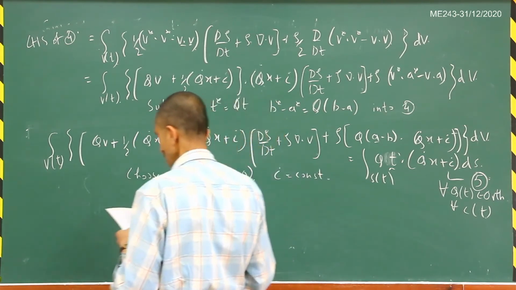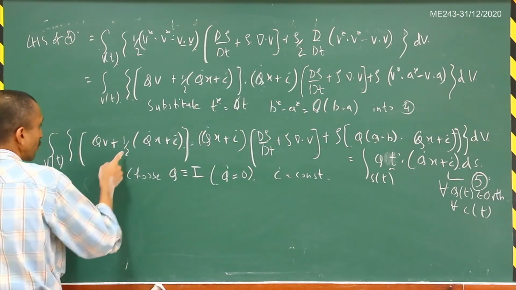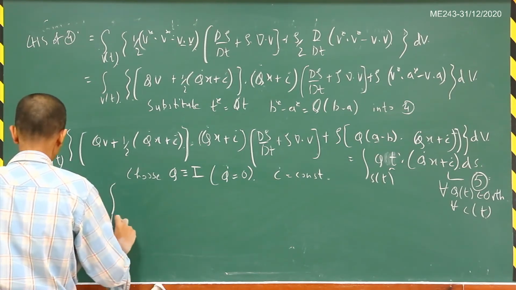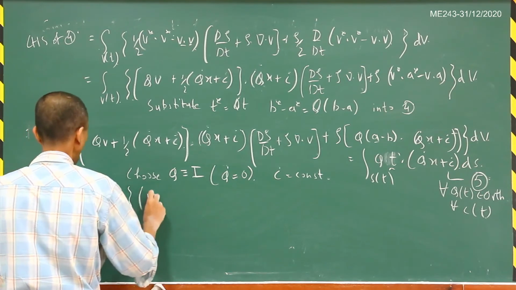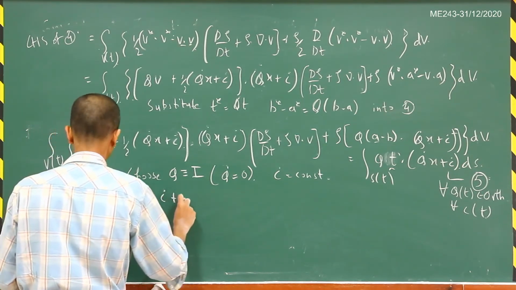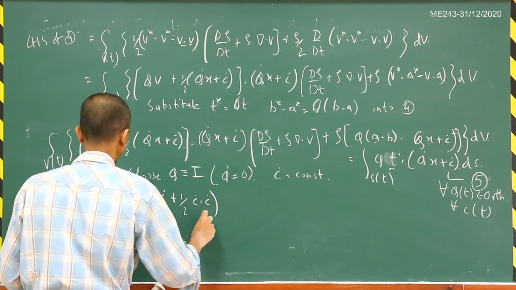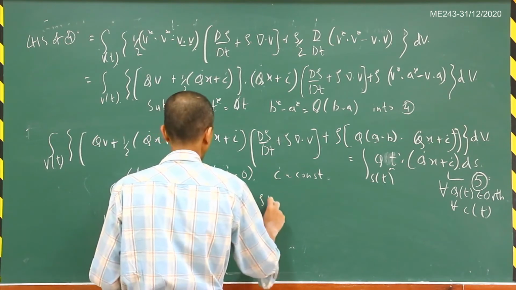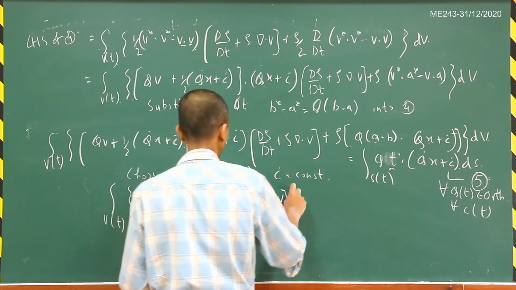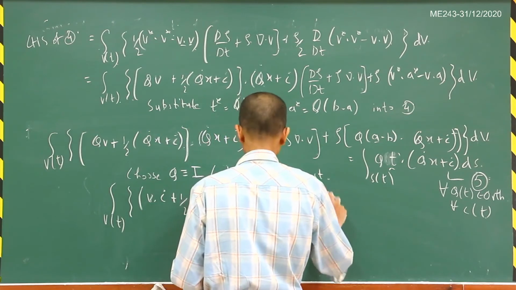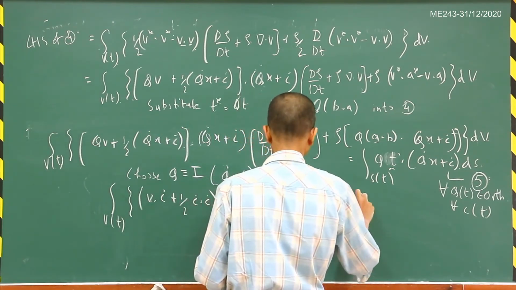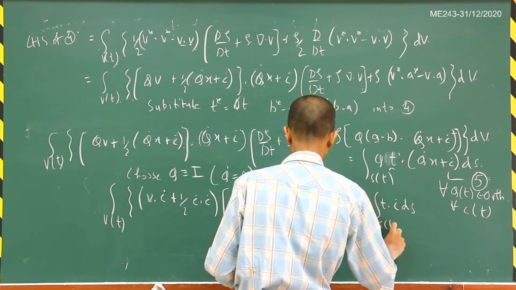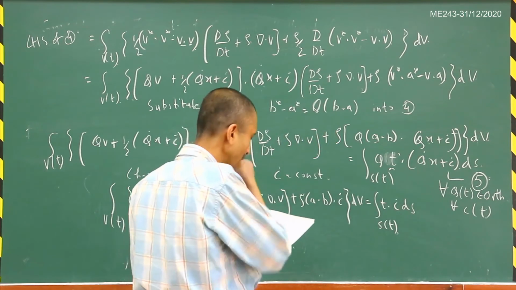If you choose this, then from this particular relation you will get an integral of v of t times v dot c dot plus half of c dot times d rho by dt plus rho del dot v plus rho times a minus b dot c dot times dv is equal to t dot c dot times ds over s of t. So this is what you get.